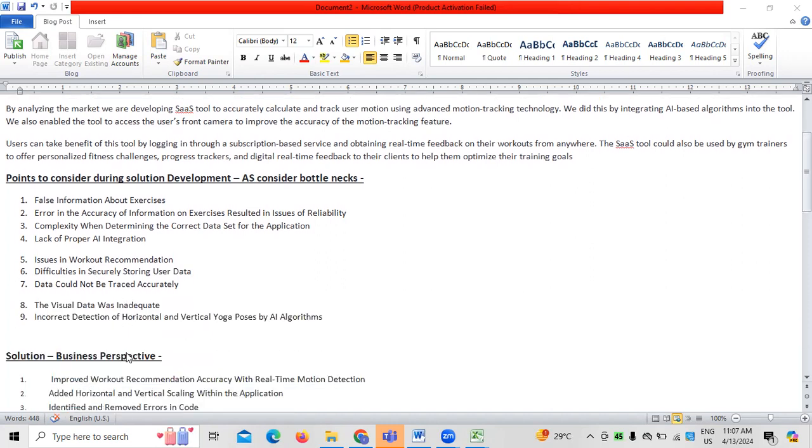Next, the solution from the business perspective, especially from the context of the role of a BA, because business analysts are the people who focus more on the business side. Business solution is something which, being a BA, one has to perform. After that, for implementation, what kind of technology, what kind of AI tools do we need to use?